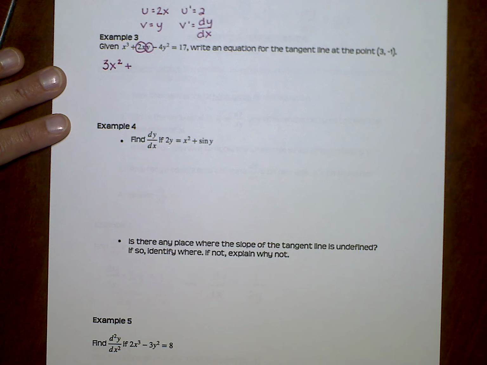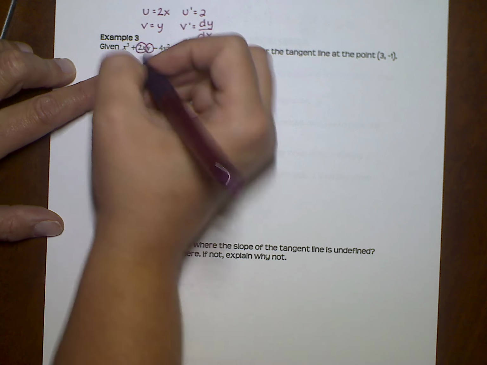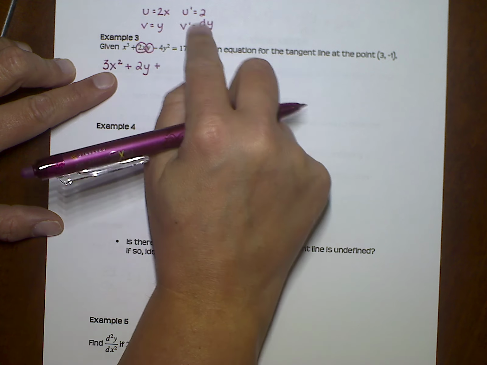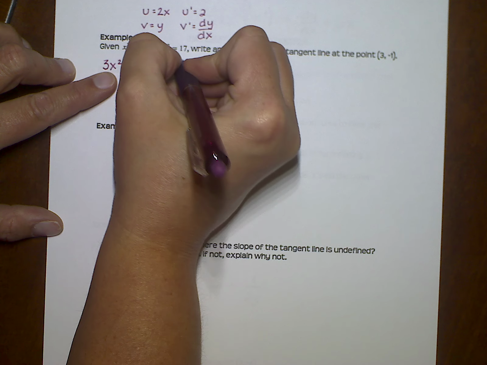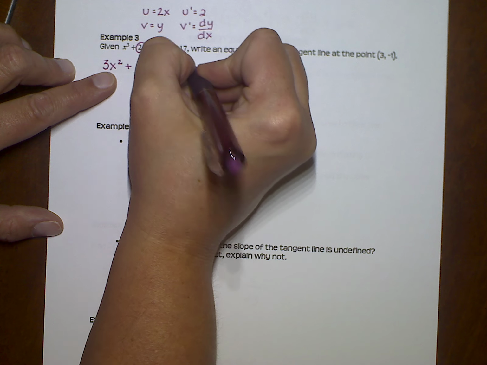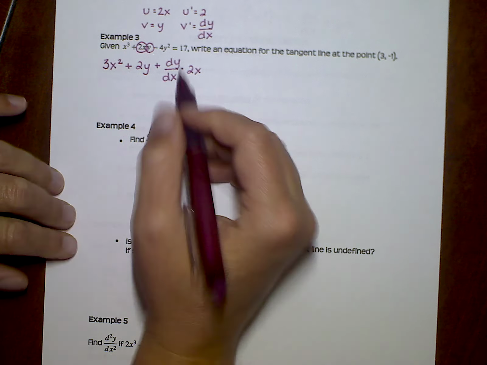Okay? So I'm doing u prime v, so that's 2y, plus v prime u, so that's dy/dx times 2x. And then one last piece.